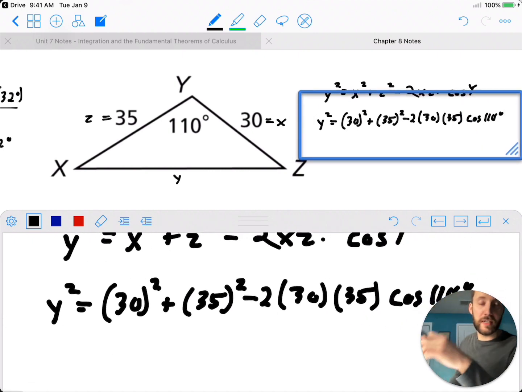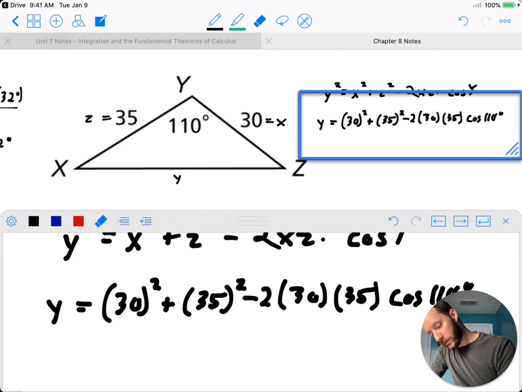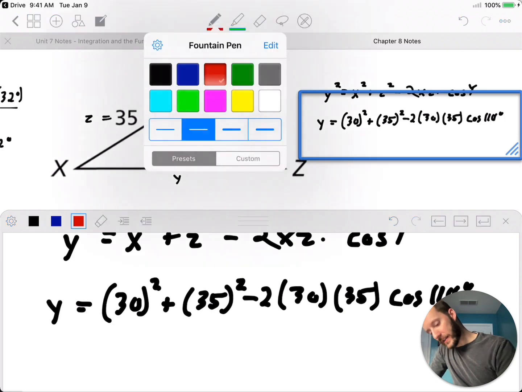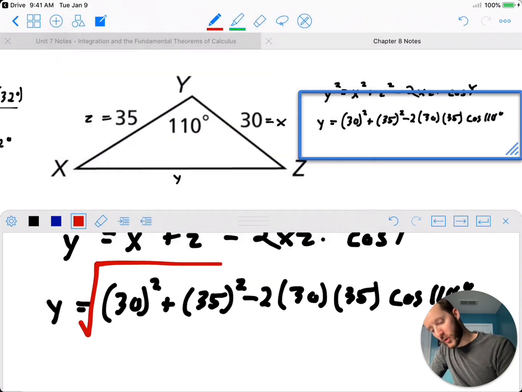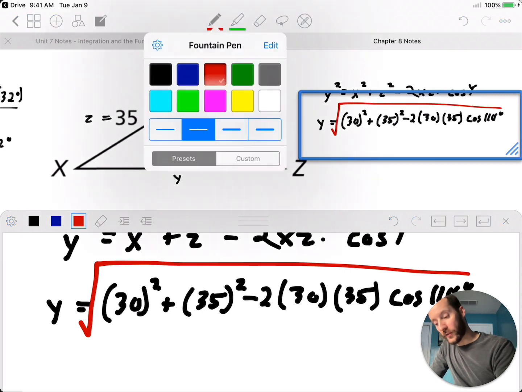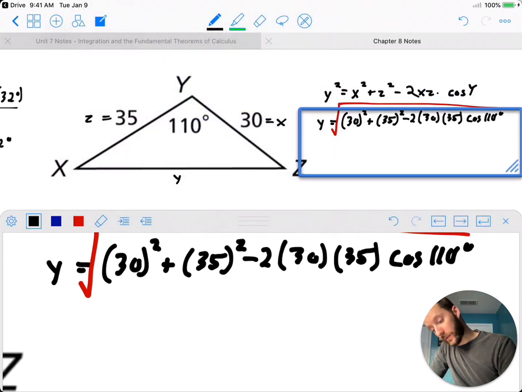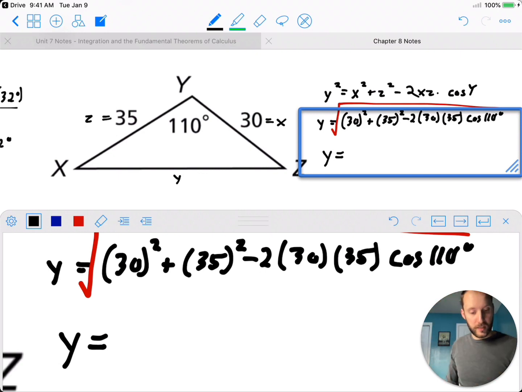Now here's the nice thing about this setup for law of cosines. Y squared equals all that. Or square root both sides. Y equals the square root of all of that. Pretty nice. So then y equals, oh boy, that's really balanced. Okay, then plug it all in.